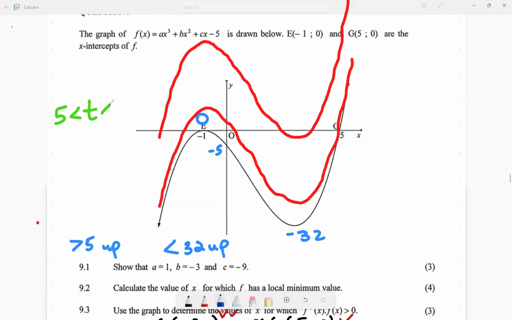But t should also be less than what? Less than 32. So it should be negative, guys. So t should be greater than negative 5, moved upwards like that, and then it should be moved 32 units upwards, guys.